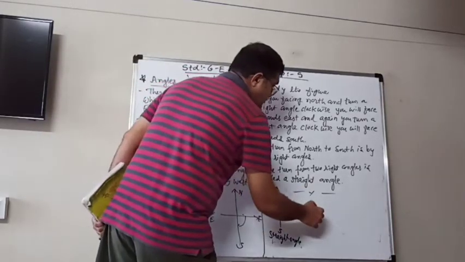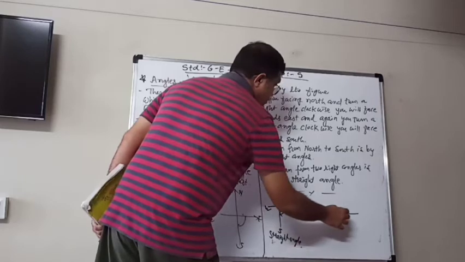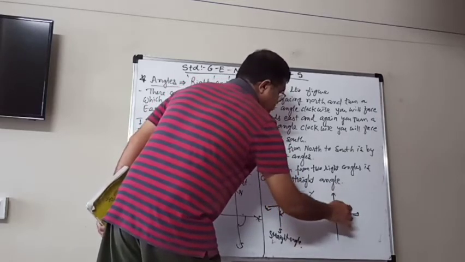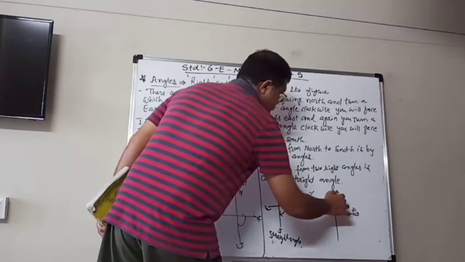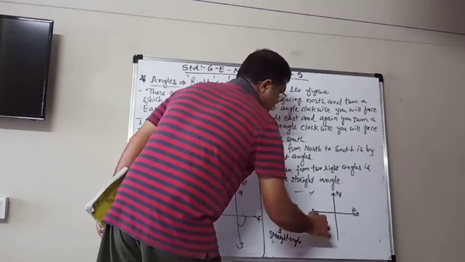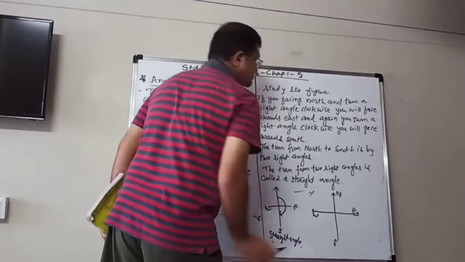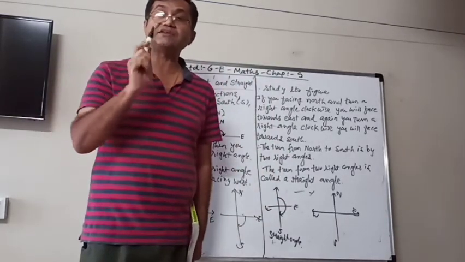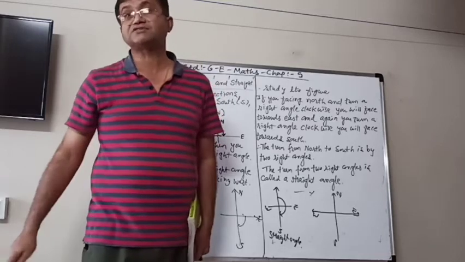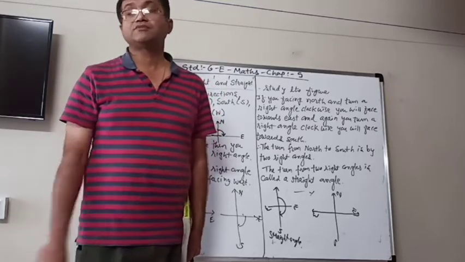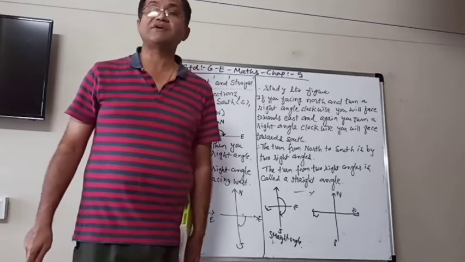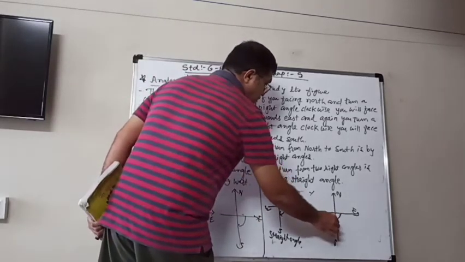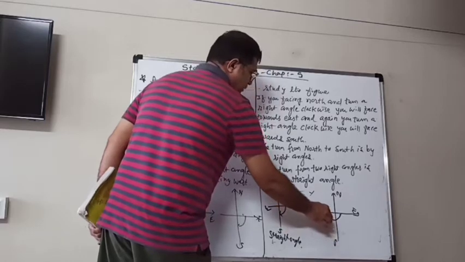Similarly, suppose you are facing towards east. You are facing towards east now. And if you move two right angles in the clockwise direction, which direction will you be facing? You start with one right angle, two right angles.